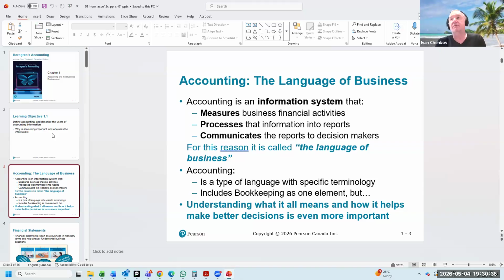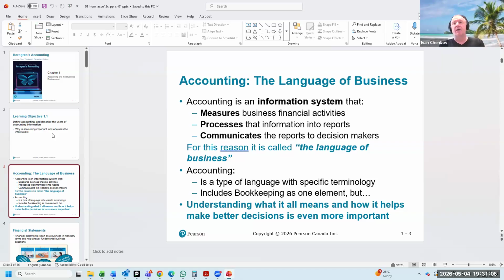What will the financial activity be related to? Obviously, where the money is coming from and where the money is going. How much we earn, how much we spend, how much is left. From that information system, we're going to process the information and we're going to make the report. So basically, we have the bank information system.